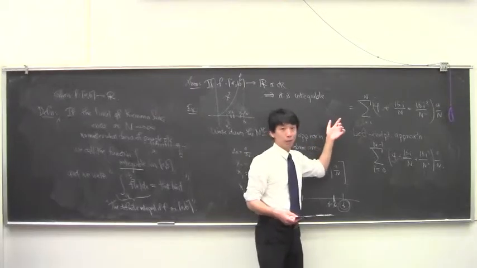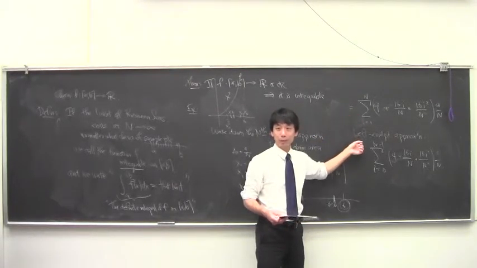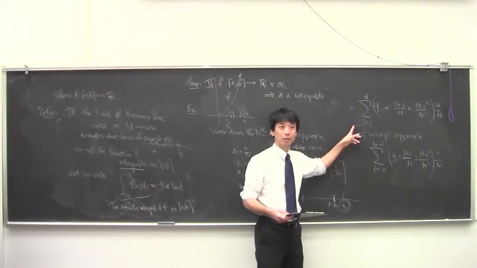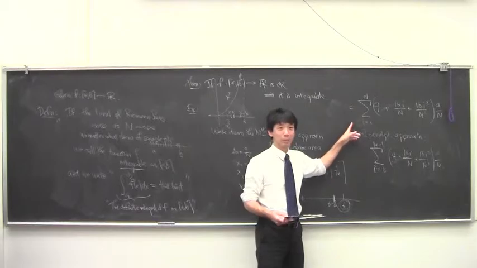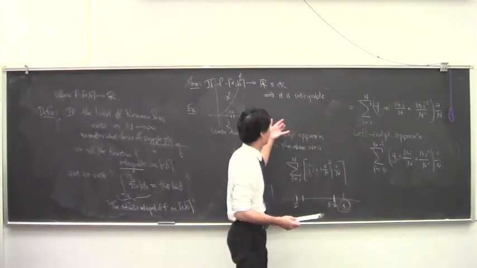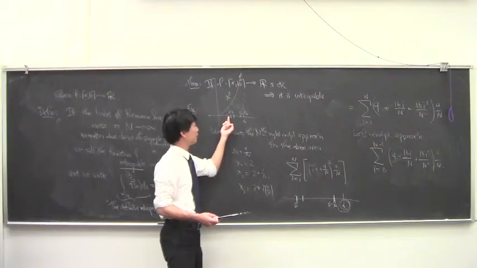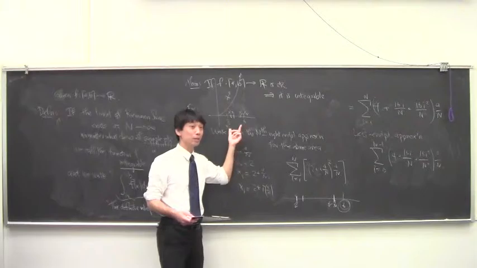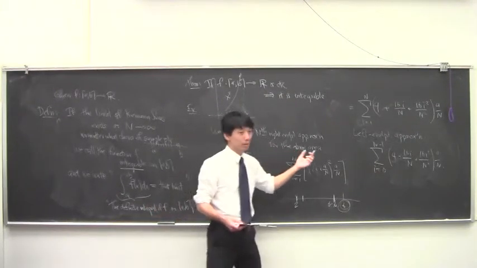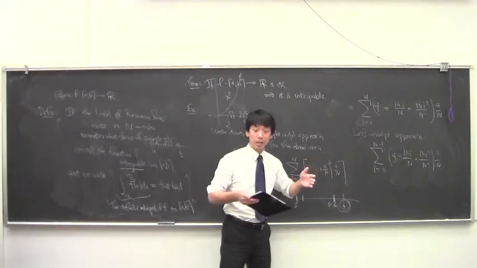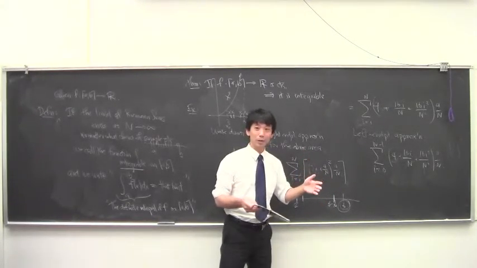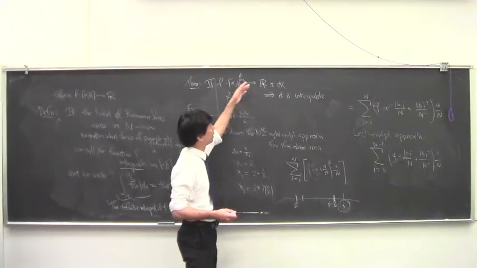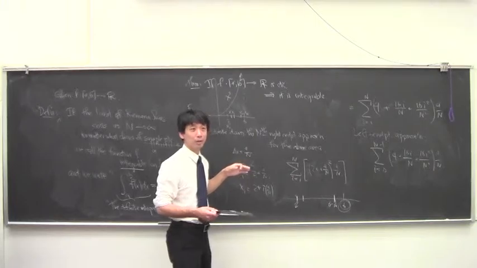So whether we take the right endpoint approximations or the left endpoint approximations, as n goes to infinity, we should end up with the same number. Even if we took random points inside each subinterval, we're still going to end up with the same number as n goes to infinity. Maybe along the way you're not going to have the same number, but when n goes to infinity, it's all going to turn into the same number, as long as your function is integrable, and if it's continuous, then it is integrable.